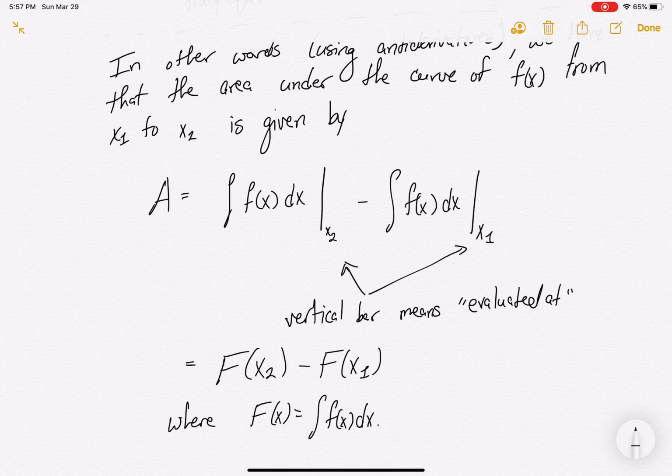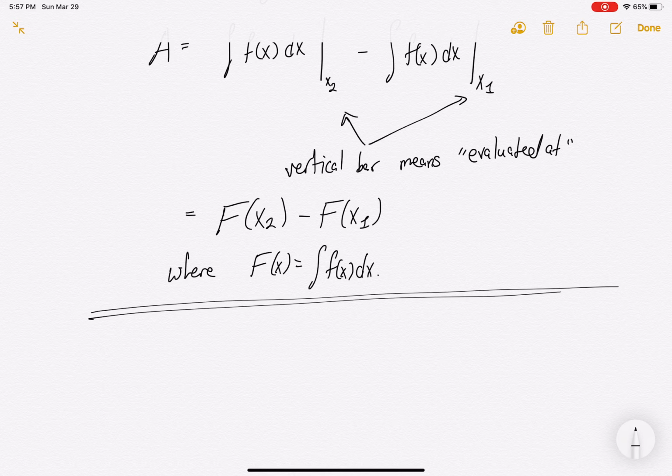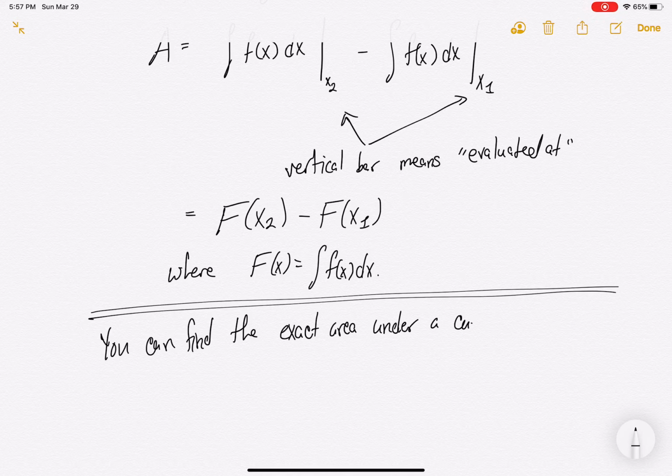It says that you can find the exact area under a curve using antiderivatives.